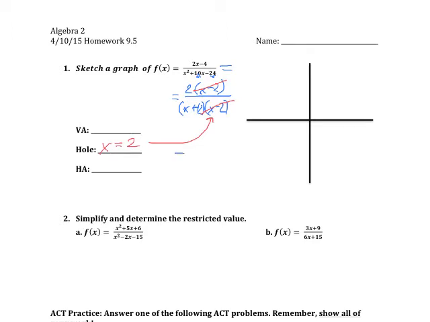Finishing up the simplifying, so 2 over x plus 12 is now what I'm looking at. Because of the denominator there, that means I have a vertical asymptote at the opposite of 12, which would be negative 12. So x equals negative 12.